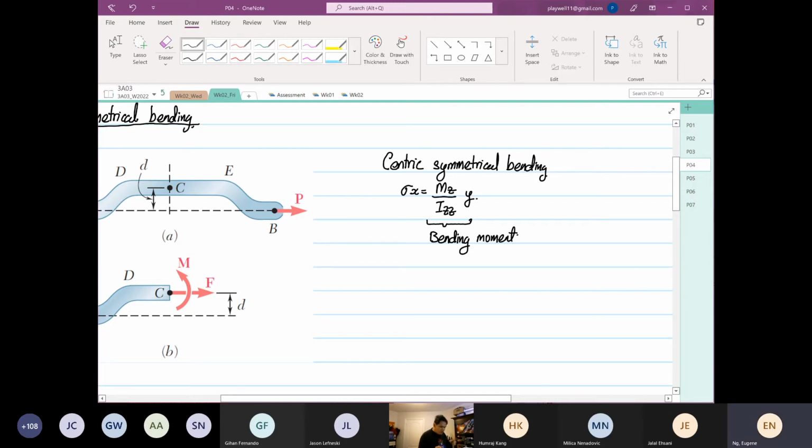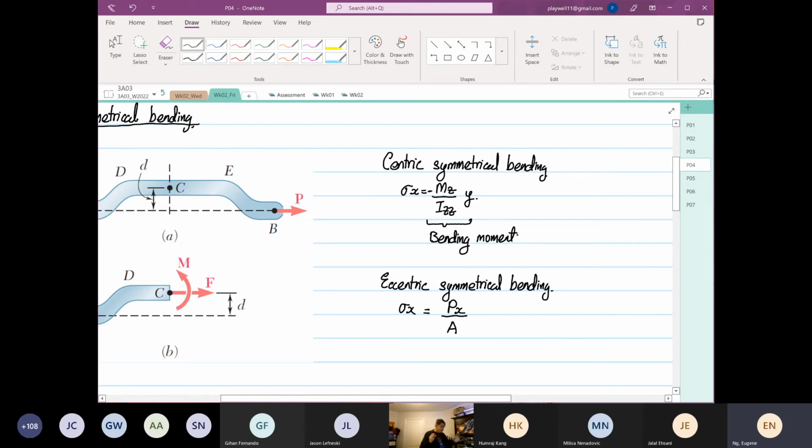When we call it eccentric symmetrical, it's still symmetrical because the moment is only applied in one direction. So now we have stress x equal to P over A. By right, the formula should include a minus there.